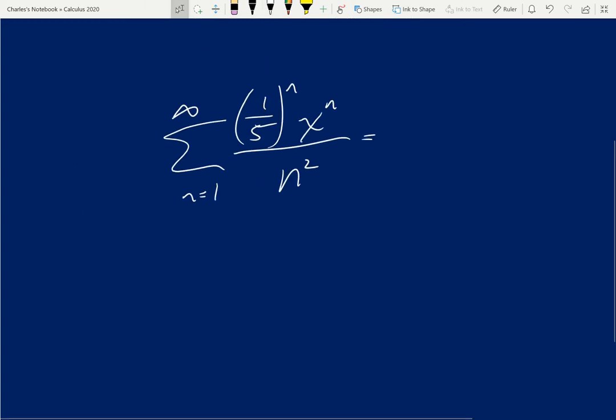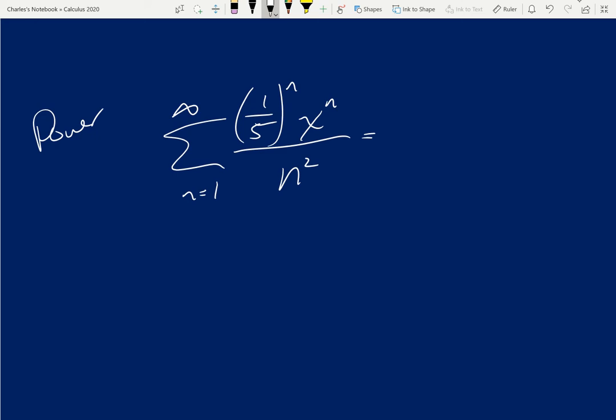So now, by the way, this is a power series. It's a power series because now we've introduced a variable, okay? So I could think of this as some function where I can plug x in. If I plug certain values for x in there, it's going to blow up and diverge, and if I plug other values of x in there, it's going to converge.